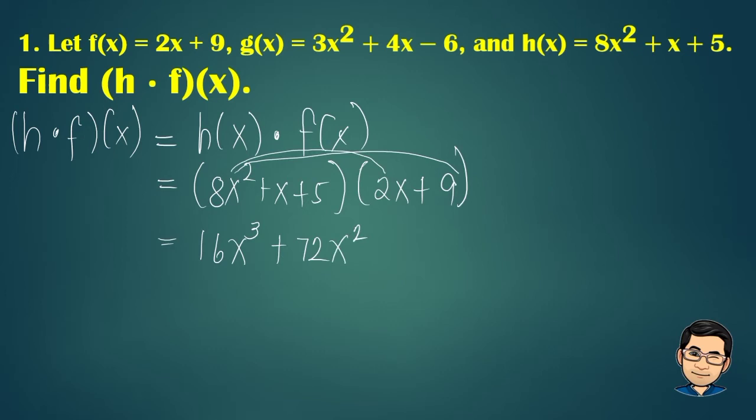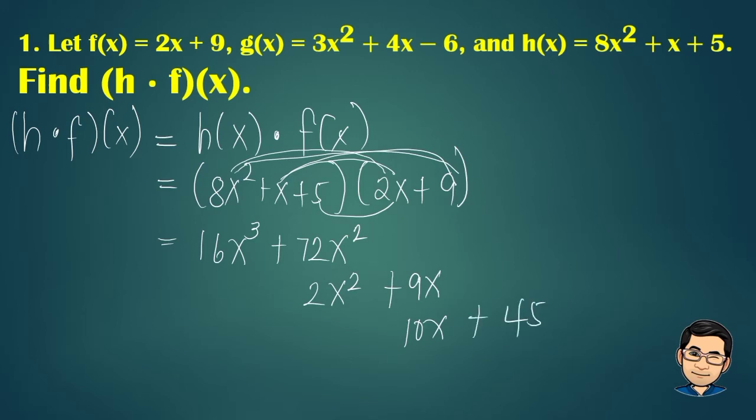Next, x naman times 2x, that is 2x squared. So, itatapat natin siya para mabilis. And then, x times 9, that is 9x. Finally, 5 times 2x, that is 10x. 5 times 9, that is 45.